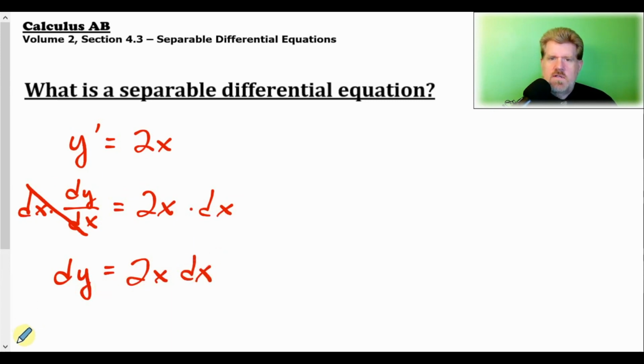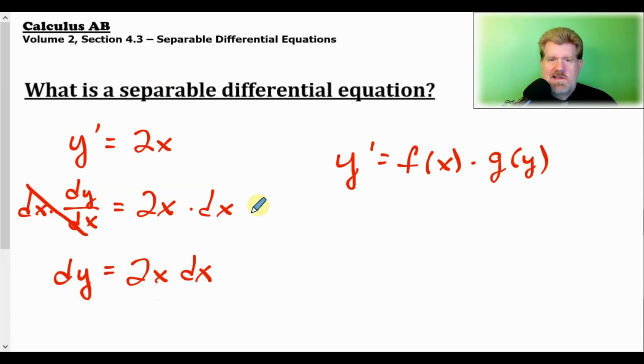That's now separated, which means all the y's are on one side, all the x's are on the other side. So a separable differential equation is simply a derivative in terms of both a function of x and a function of y. That's all that it is.